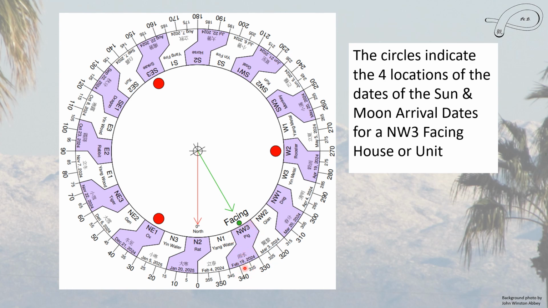It's going to have dates in late February to early March, from the later part of April to early May, from the late part of August to early September, and the late part of December to early January. So it has all of these 4. And this also applies to a Northwest 3 facing unit in an apartment building or a condo.